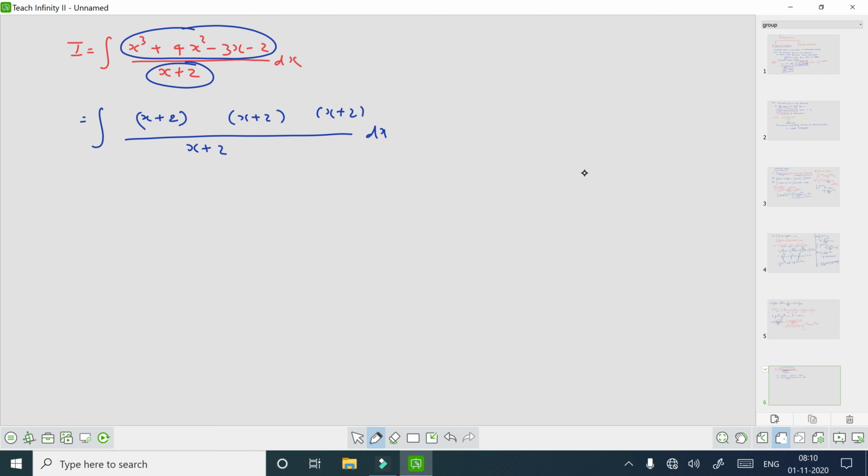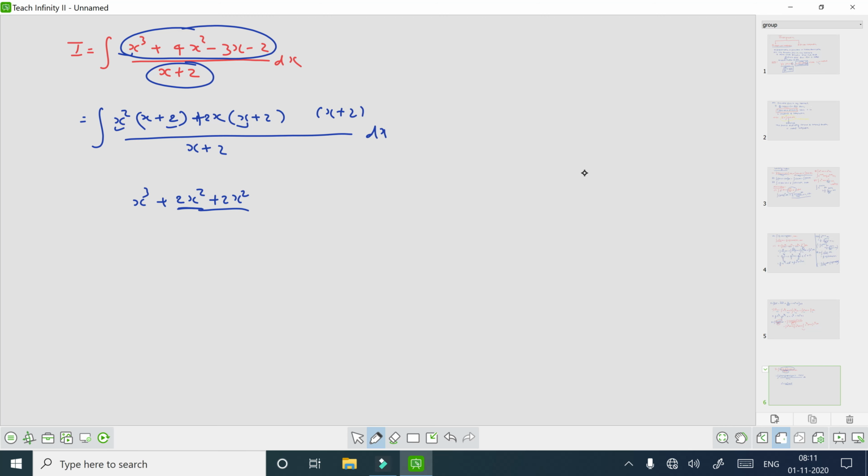Now see, here the first term is x cube, so we need to multiply it by x square. X square into x comes out x cube, plus what we get? 2x square, x square into 2 comes out 2x square. Here we want 4x square, so we need one more 2x square. Here x is there, so plus 2x into x comes out 2x square.